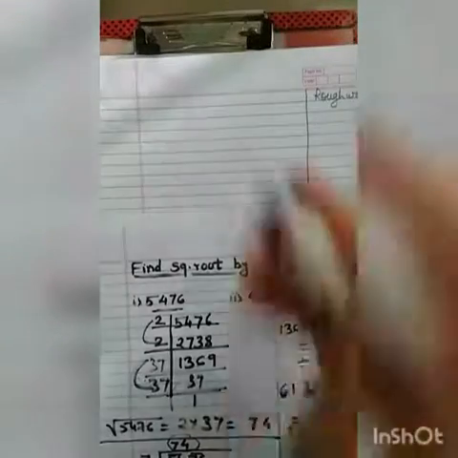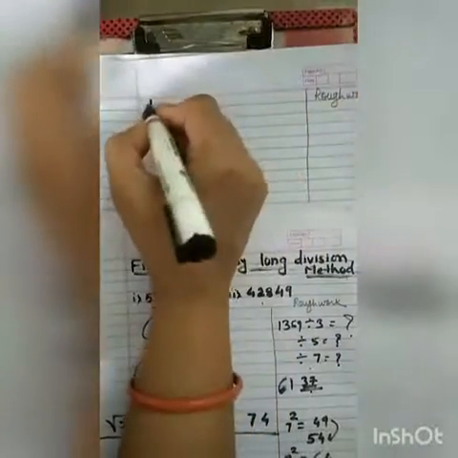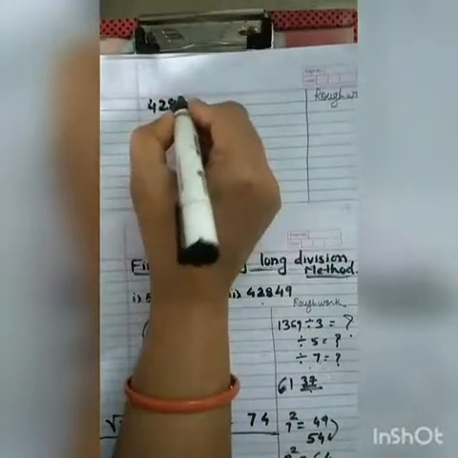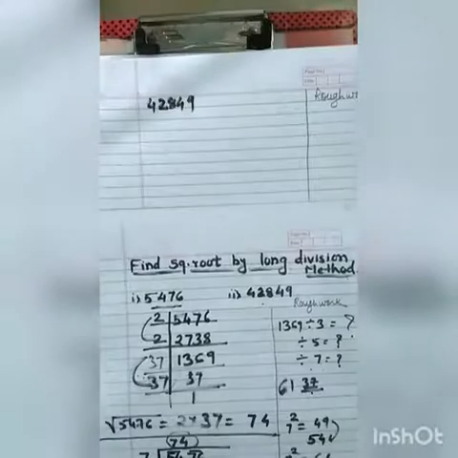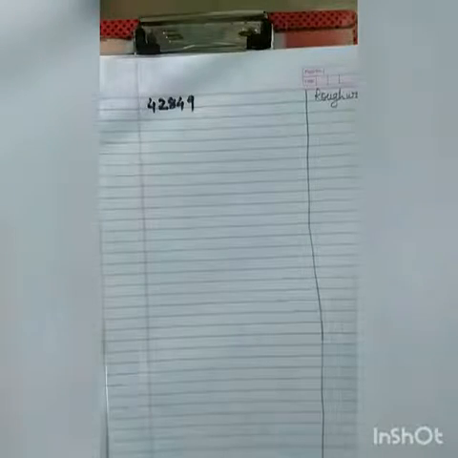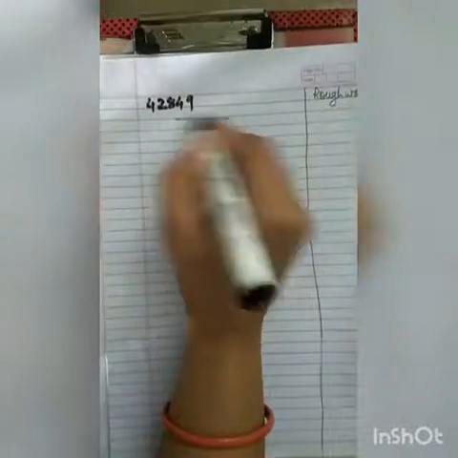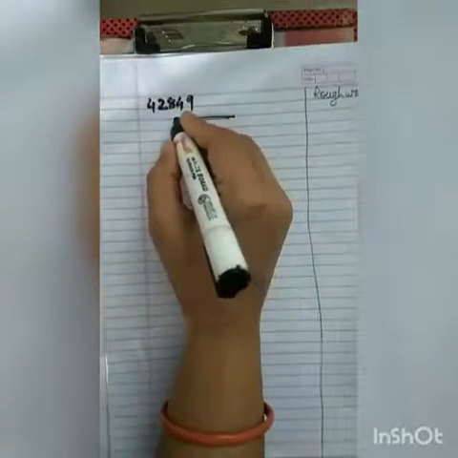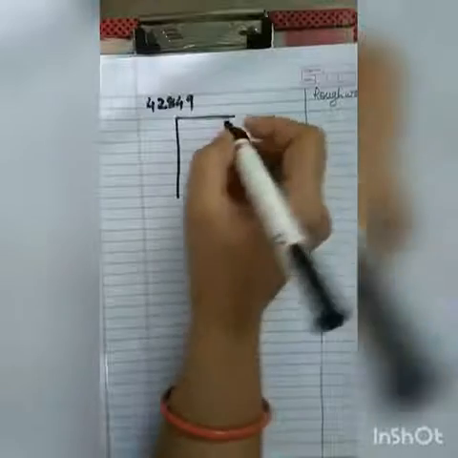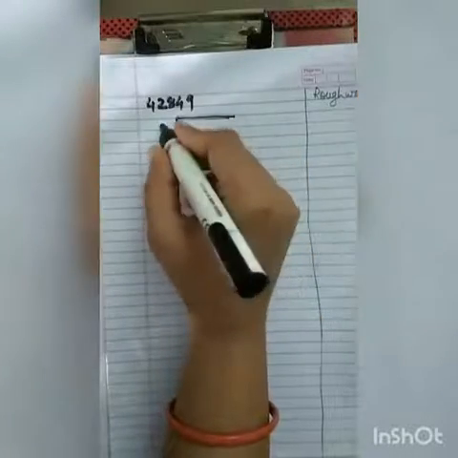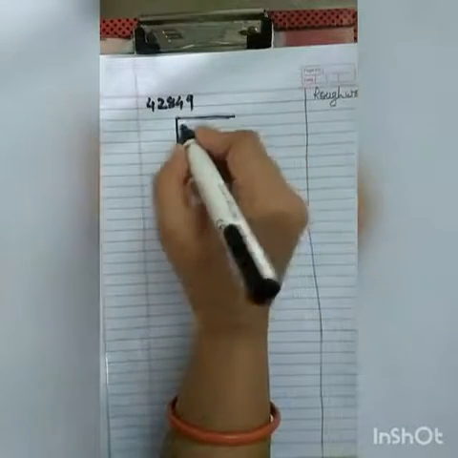What is your second example? 42849. Okay. Now what is our first step? Our first step is to pair the numbers. And when we are pairing, the numbers will be paired from the ones place onward. So how to pair?